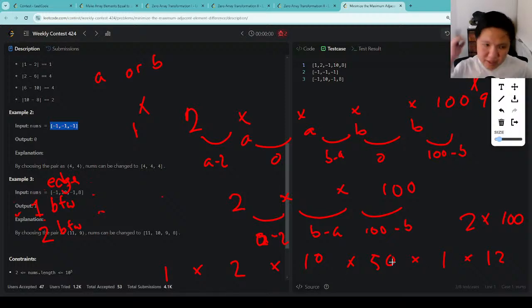I have to think about it a little bit. Basically, you have to minimize the absolute difference between all these numbers and then figure out the constraints.